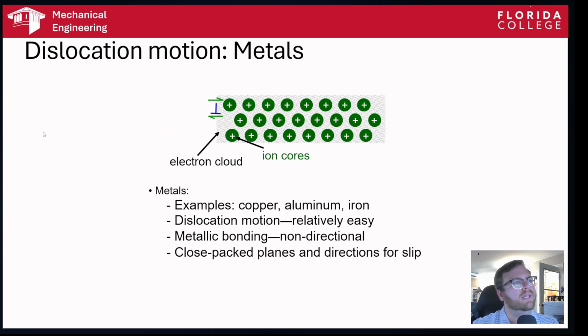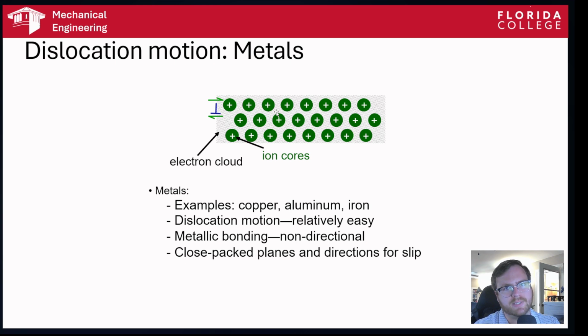Okay, so again, here's just an image of our metal atoms with our electron cloud. And again, if this set of metal atoms, let's say this one on the very top, decided to move over one step, these other metal atoms wouldn't care, right? Because to these metal atoms, each of these other metal atoms are the same exact thing, and they don't mind at all if there's a little bit of a motion here.